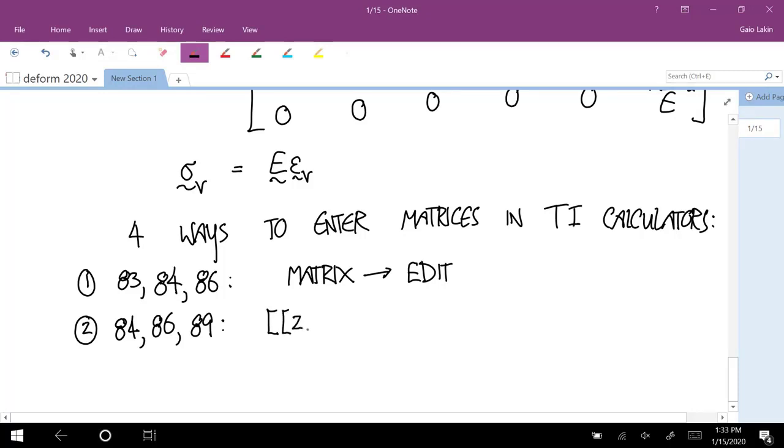So like 2, 1, bracket, then start a new row, 2, I guess I have this as -2, 4, bracket, and then the third row is 0, 6. The reason I chose these numbers is because this is the matrix that I started with. So if you wanted to enter that matrix that I gave at the start of today, this is how you would enter it. Once you enter it and hit enter, it'll put it up on the screen in front of you so you can visually see if it came out the way you meant it to.